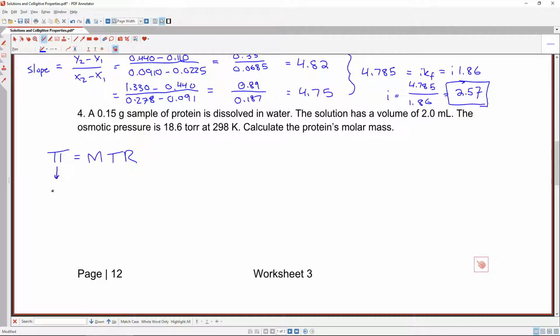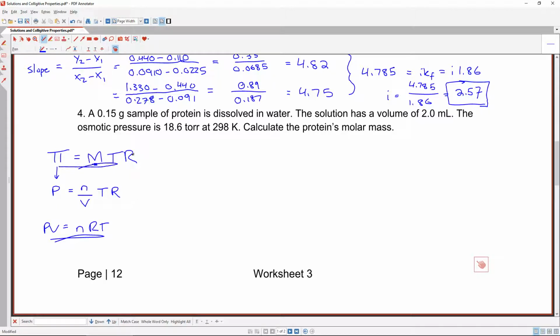Osmotic pressure is a pressure. The molality is some moles over some volume times the temperature times R. So if we multiply by our volume, we have PV is equal to the number of moles, RT. Right, so there is a connection.